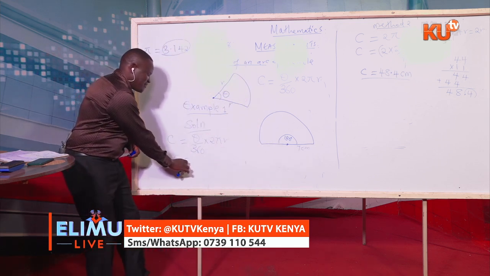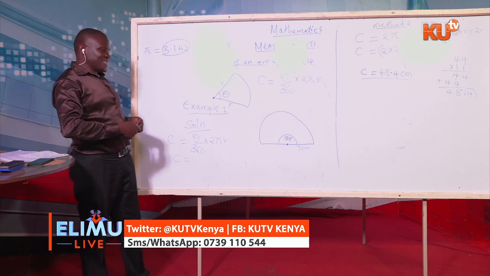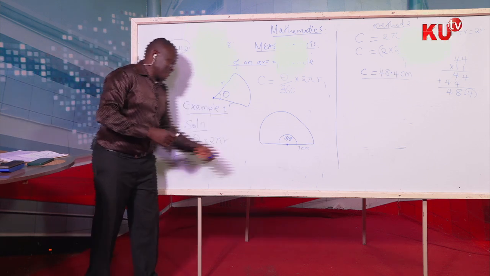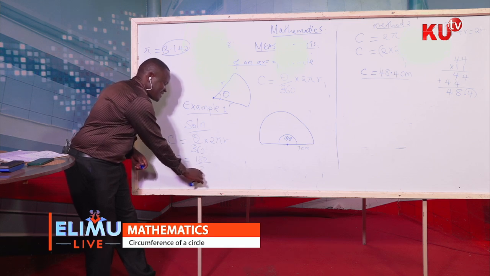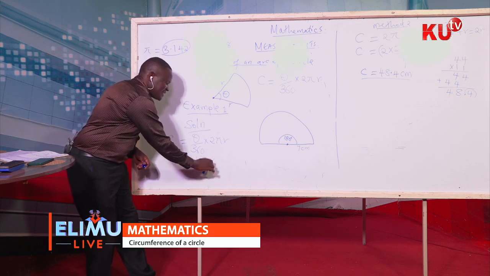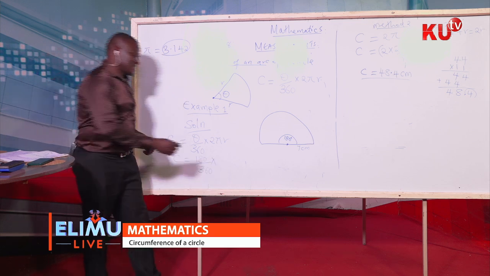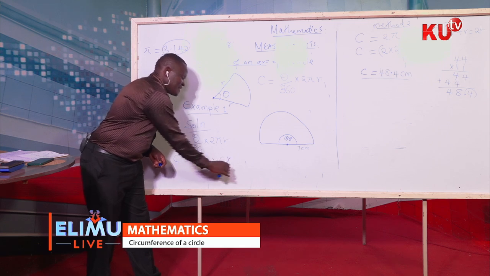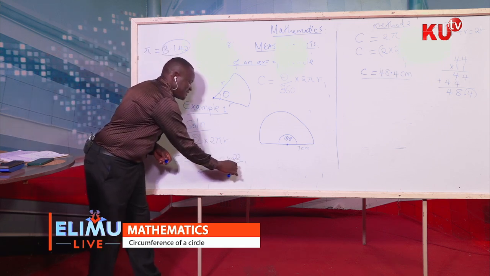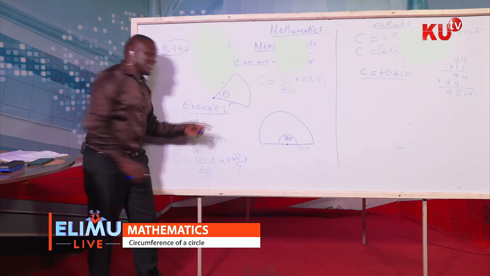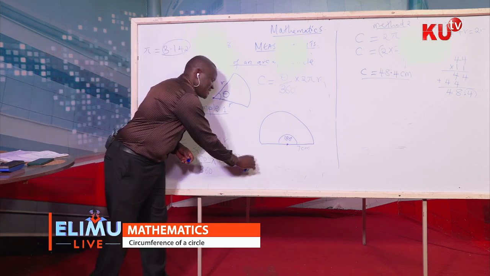So circumference therefore will be equals to theta. Our angle theta is 180 degrees over 360 times 2 times pi. Our pi is 22 over 7, then times the radius, which is 7.